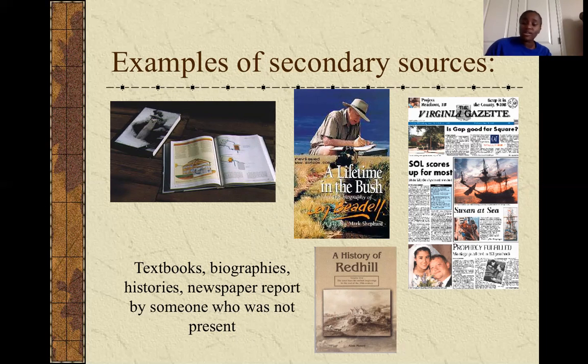So I could quote something from a textbook about Benjamin Franklin. Again, biographies, I can get my stuff from. So like say Miss McQuarrie wrote a biography on Benjamin Franklin. I could quote from Miss McQuarrie's biography on Benjamin Franklin in my essay. Okay, so that's what you usually use secondary or primary sources for.